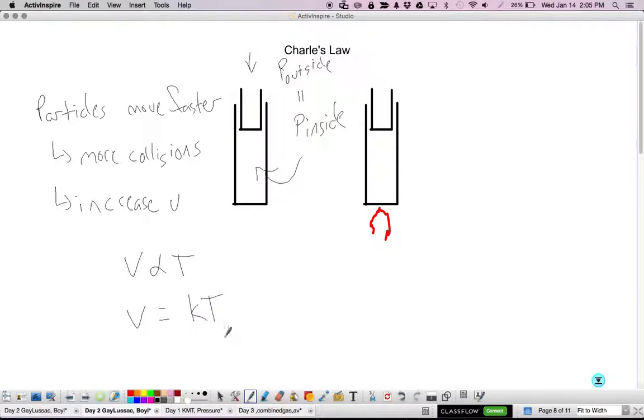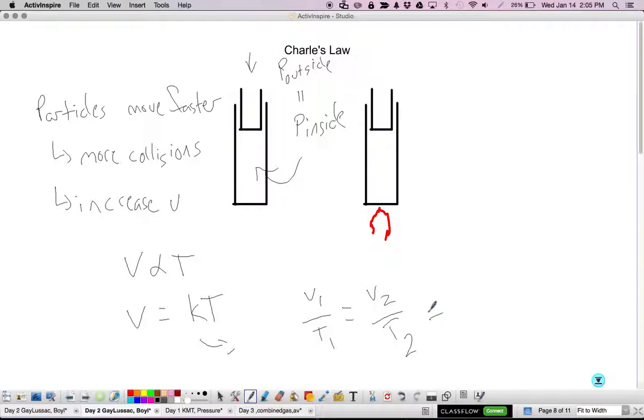So I can turn this eventually into V1 over T1 equals V2 over T2, by dividing both sides by T here and saying V over T equals K, and K must be constant, so V1 over T1 equals K equals V2 over T2, and then getting rid of the K.